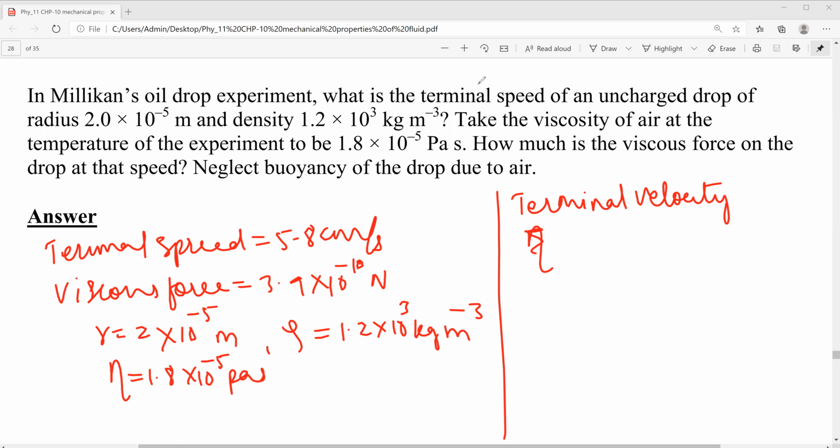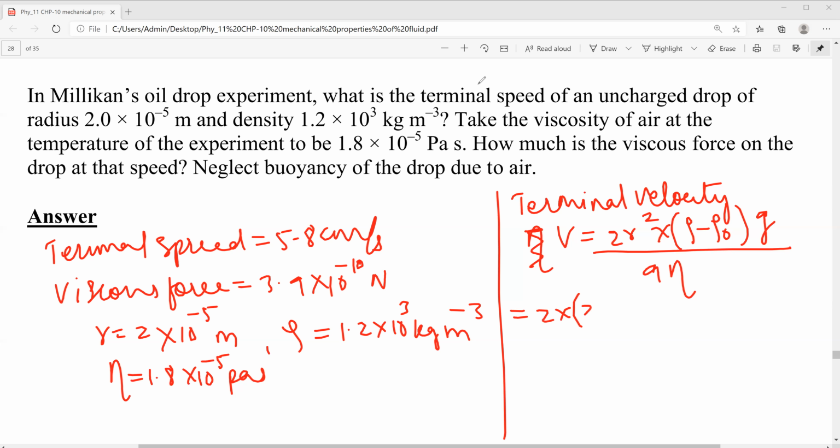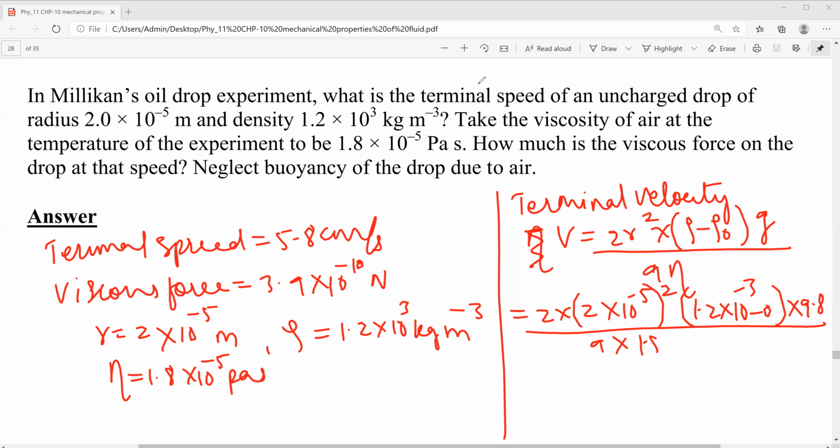So v is equal to 2r square into rho minus rho naught into g divided by 9 into eta. So substitute all the given values. After substituting, g value is 9.8 divided by 9 into eta value is 1.8 into 10 to the power of minus 5.